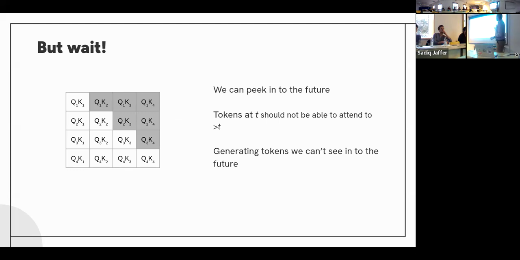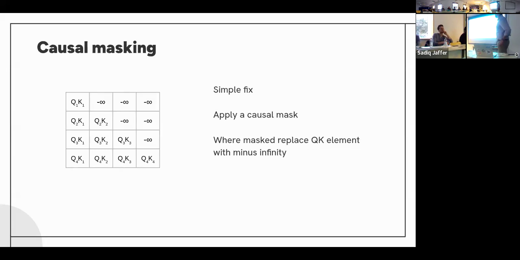So we set a rule, which is tokens at time t should not be able to attend to tokens at time more than t, right? So we use something called causal masking, which is we apply a mask to the attention matrix. And anywhere that mask appears, we set the attention score to minus infinity, right? It's going to go through softmax, so minus infinity means you should ignore this essentially.